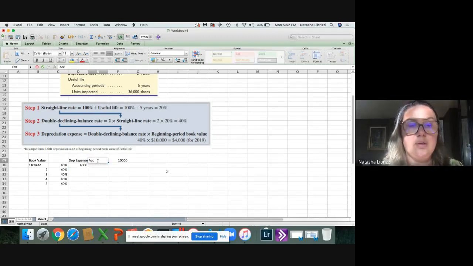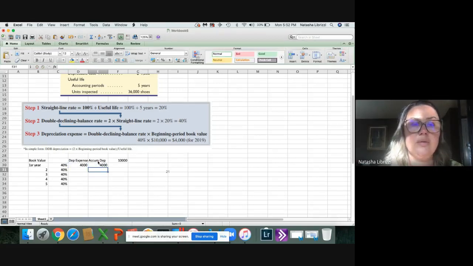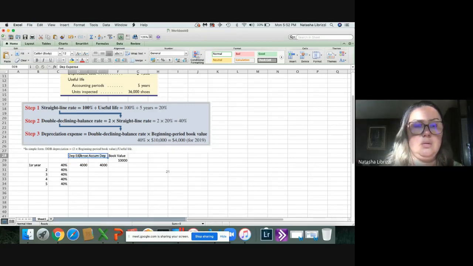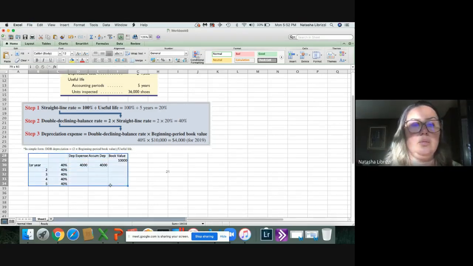Now, my accumulative depreciation, by definition, right, it's all years depreciation up to this point. So because we have only 1 year, we have only one depreciation. So my book value, put it in here.